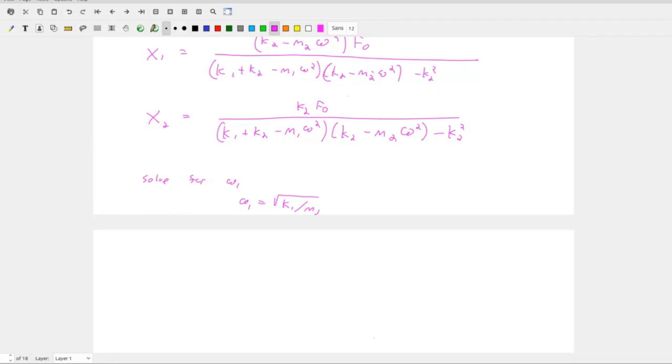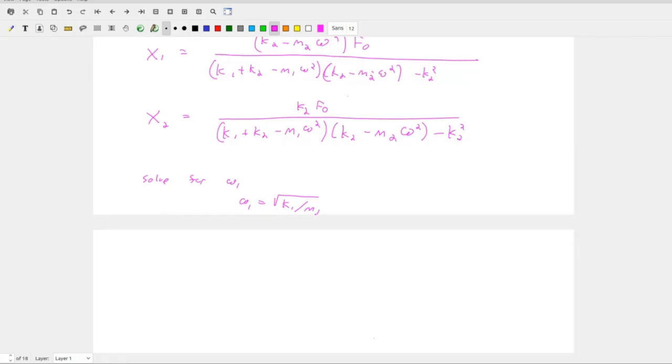Okay, so in order to estimate the movement of M1 for a given driven frequency omega, should we set the numerator to 0 for x1? Or should we set the denominator to 0 for x1? No, if the denominator is 0, what is a number divided by 0? Undefined.